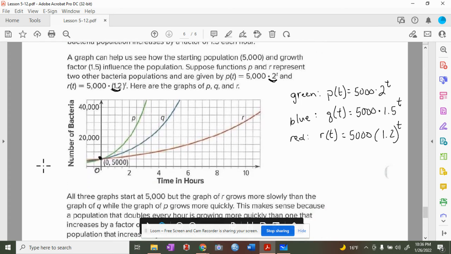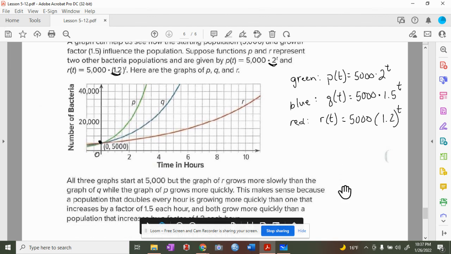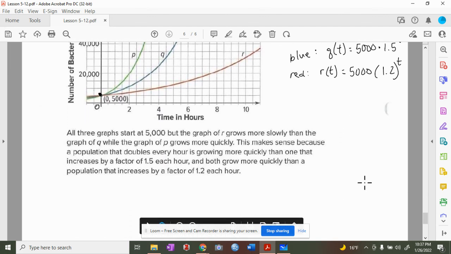So we can make some comparisons and determine that the bacteria population in our P function is increasing at a more rapid rate than our original function. All three graphs start at that same starting value, but one grows more slowly than the other and one grows more quickly.